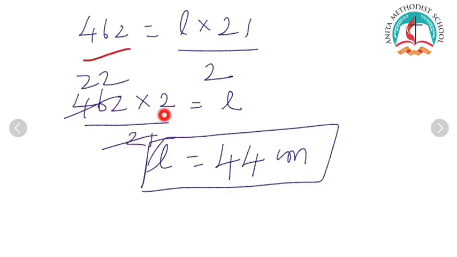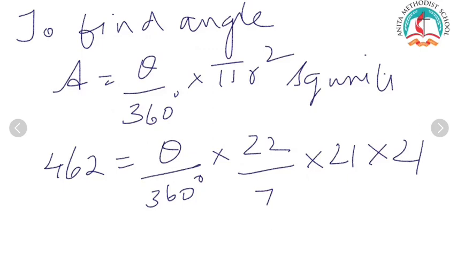By cancelling, we get the arc length 44 centimeter. Children, we got the arc length value. Then we have to find out the angle.